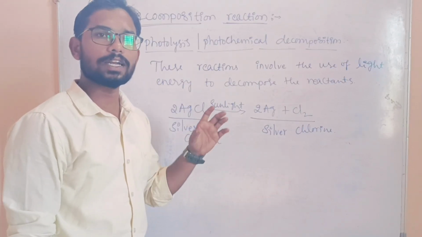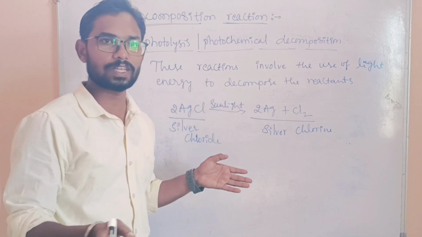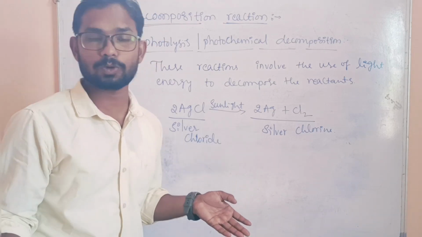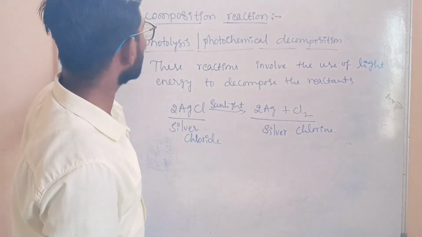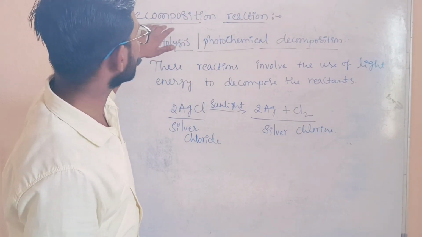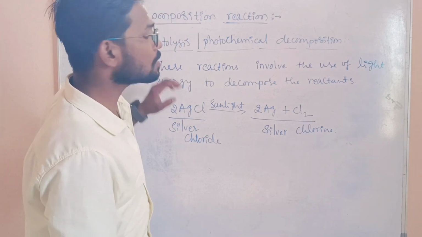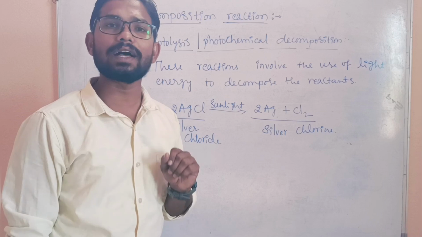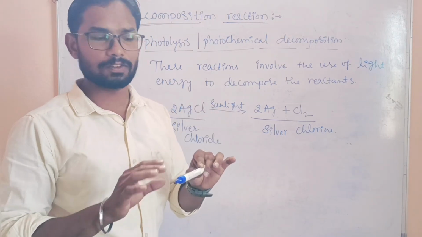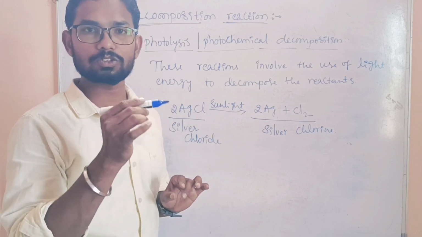So already we know a decomposition reaction means the breaking down of the reactant. A single reactant is going to break down to form two or more products. How are we going to remember this? The meaning of decomposition is breakdown, and to break down something we have to pass energy. If I am holding this marker and want to break it, I need to put in energy, then only it is going to break.